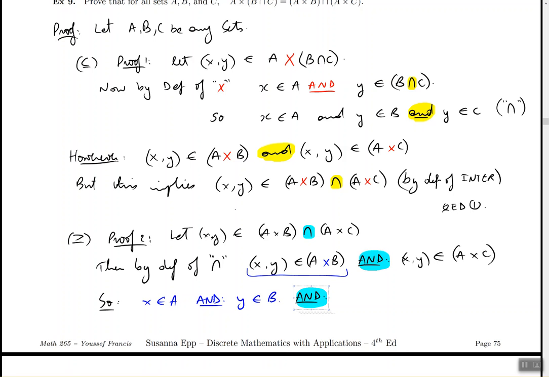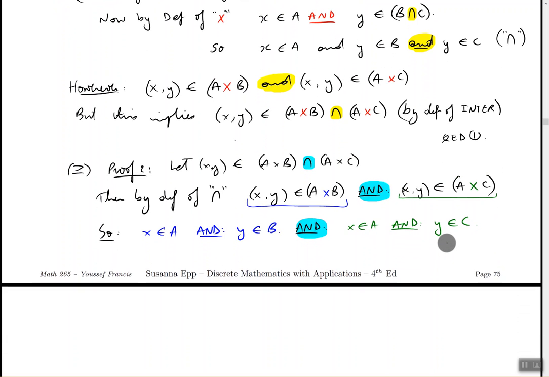And at the same time, if I focus on the second x comma y, then I will be able to say that x is in A, and at the same time, I can say that y is inside of C. Okay, again, how do I know this? I know this by the definition of the cross product.